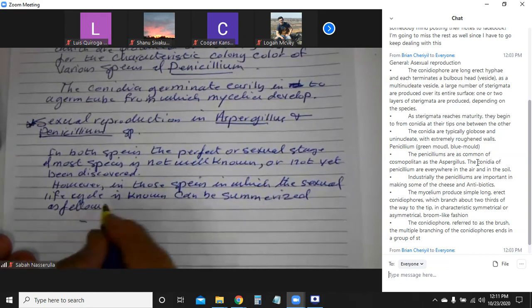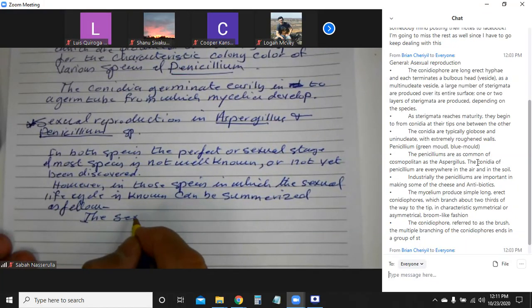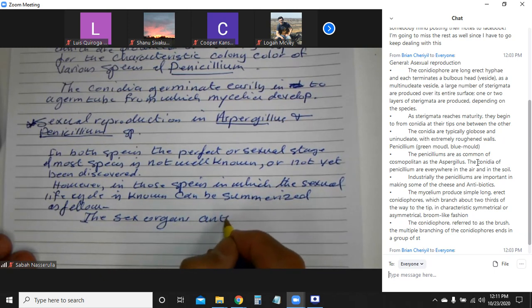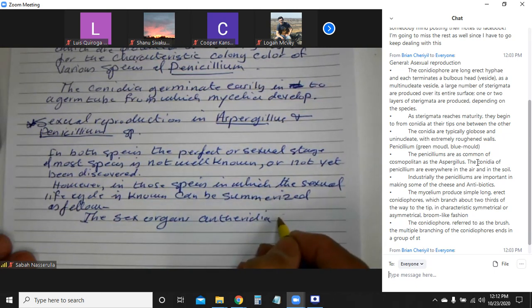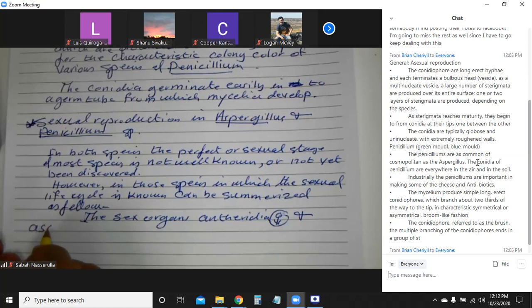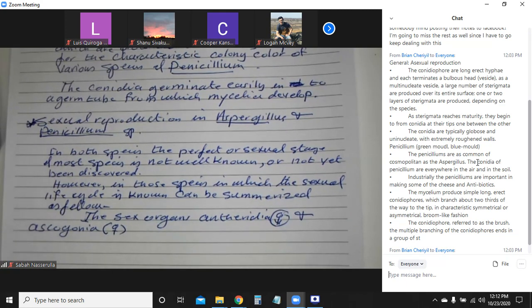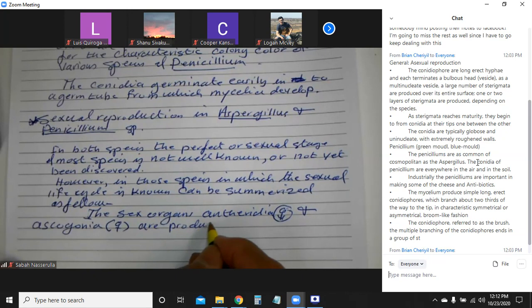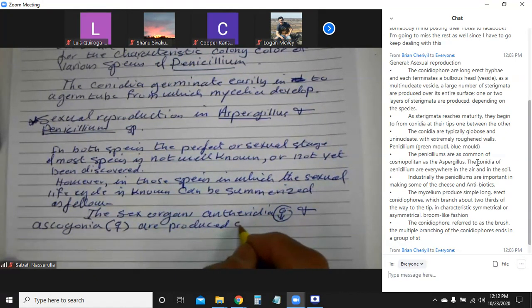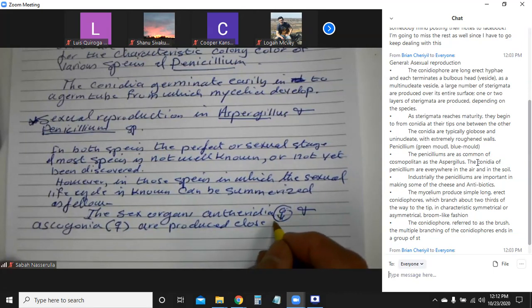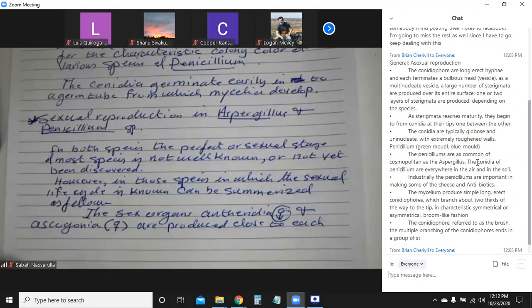The sex organs, antheridia as the male and ascogonia as the female, usually are produced really close to each other.